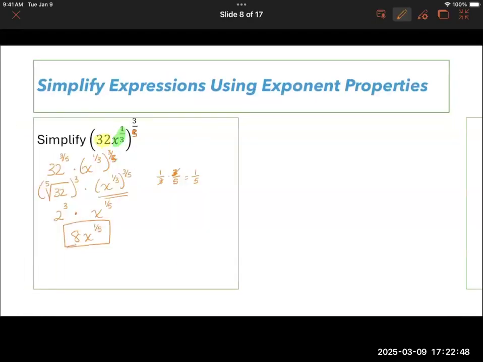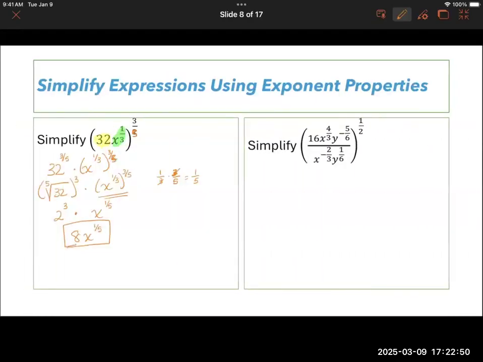Okay, let's take a look at another one. Now we've got a quotient with lots of different pieces being raised to several different kinds of exponents. So let's take a look at this one. Now you can kind of choose the order on how to do some of these things. You could simplify everything inside of the parentheses first, because you can see there are multiple x terms, multiple y terms.